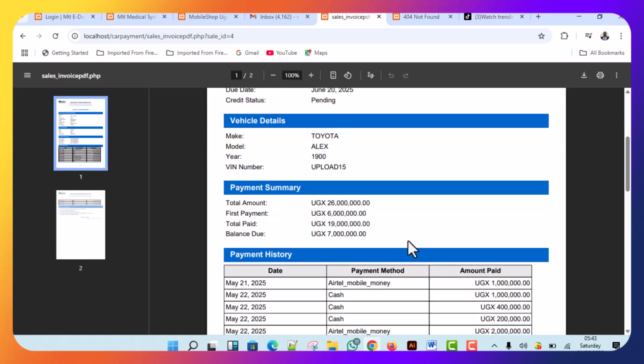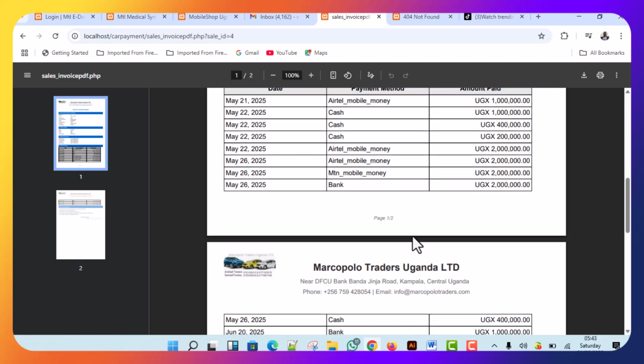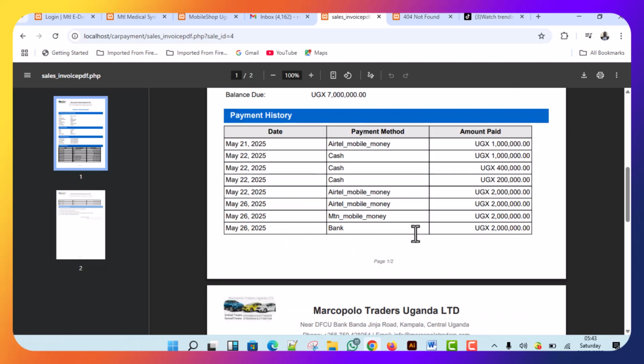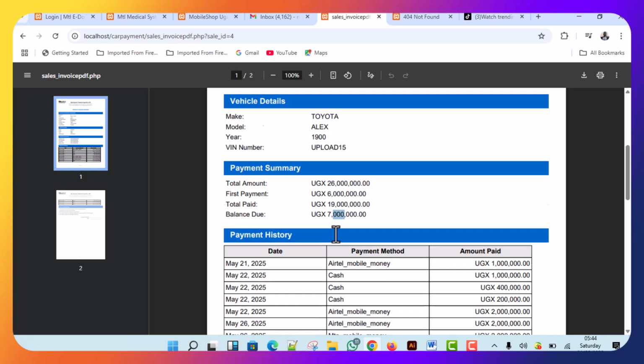And he looks at how he has been paying his balances up to today. So you can even look at how much the car was, the first payment, how much he has paid, the total paid, and how much is demanded, the balance that is remaining.